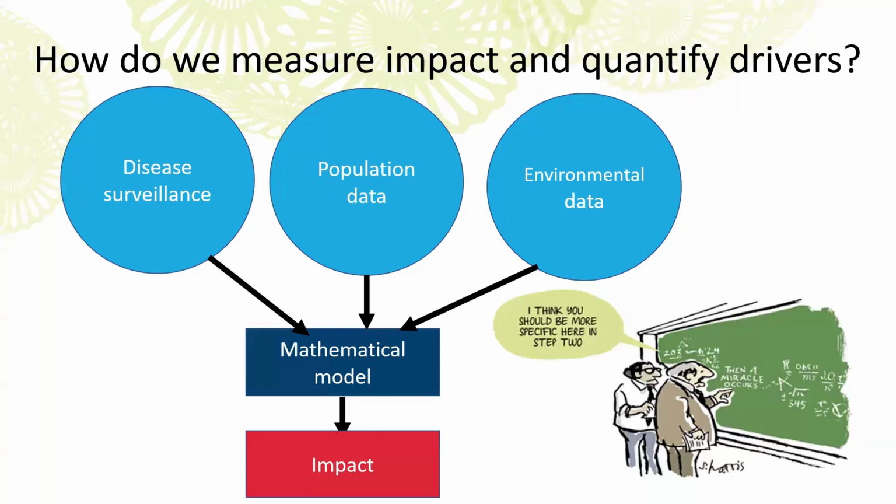And when we combine this, I think we can create some models that can give us a lot of inference about causes and impacts. So I'm going to dive into these 3 data sources just a bit more.